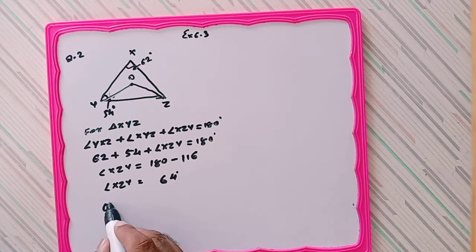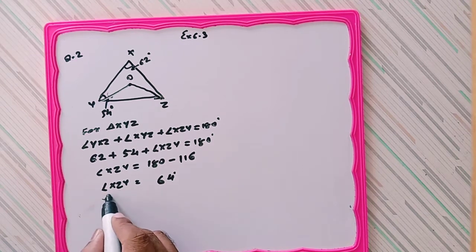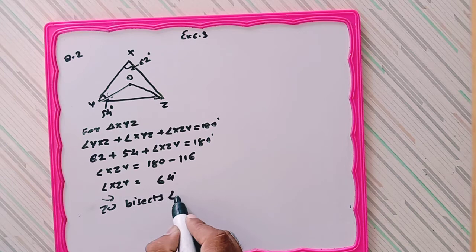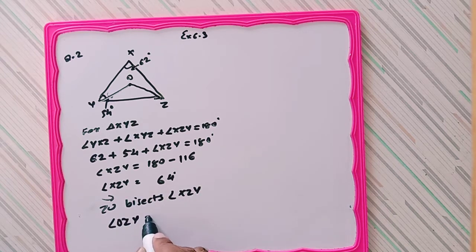Now OZ bisects angle XZY, and therefore angle OZY equals half of angle XZY. So half of 64, that is 32 degrees.